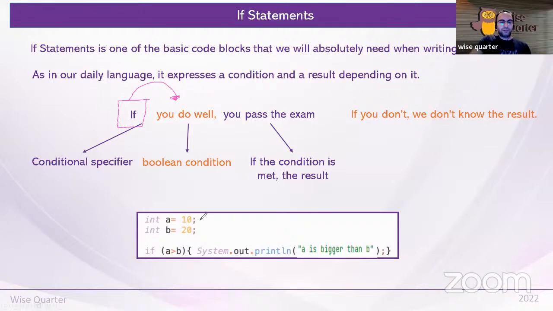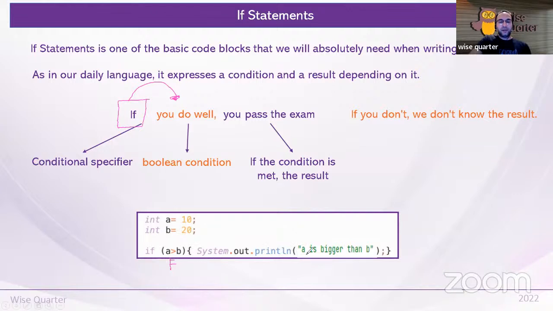We have two numbers, A and B. A is 10 and B is 20, as you can see. If I say if A is higher than B, it is false, right? 10 is not higher than 20.